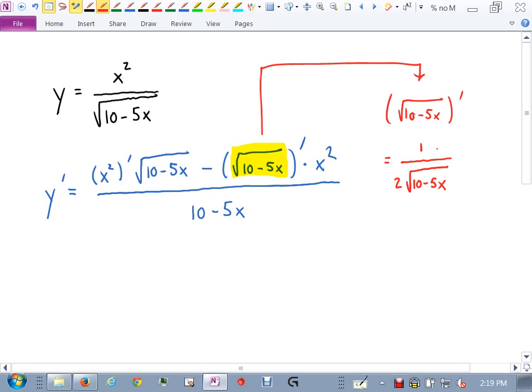Now, all I've done is taken the derivative of the square root part, right? So I've just done that outside. Now I need to say times the derivative of what's in there. What's the derivative of what's in that root? Negative 5, right? That's just going to be that yellow piece. That's all that is.